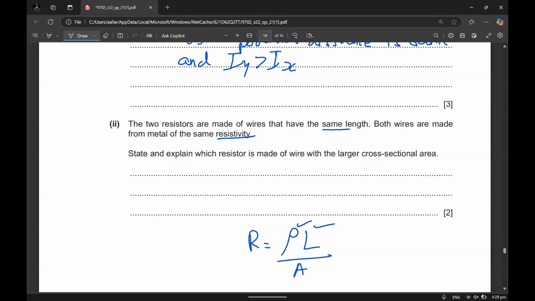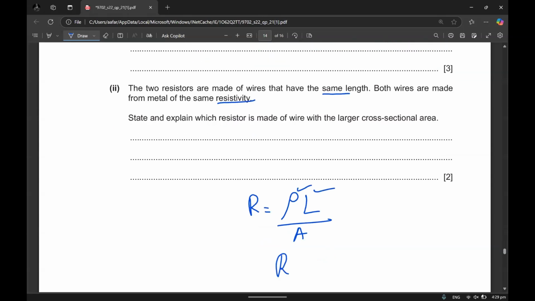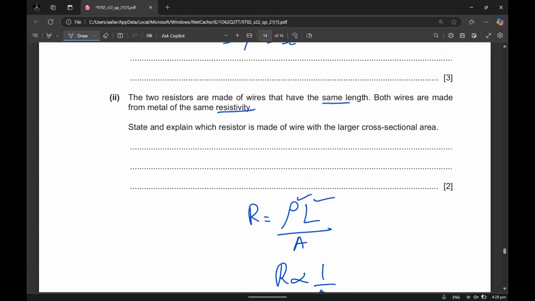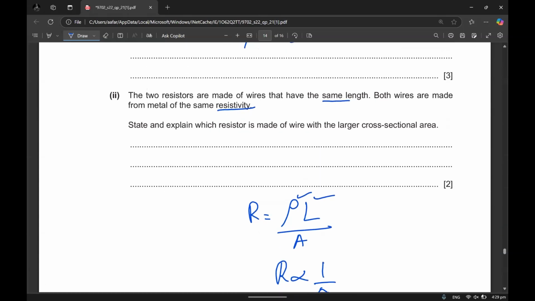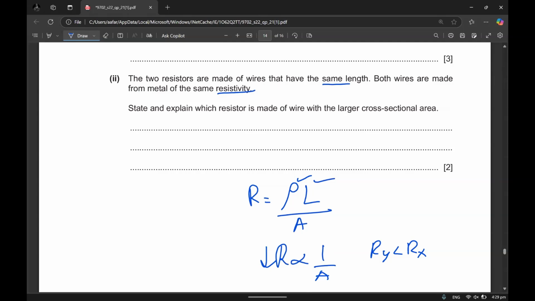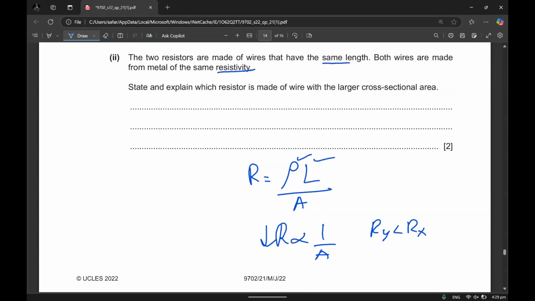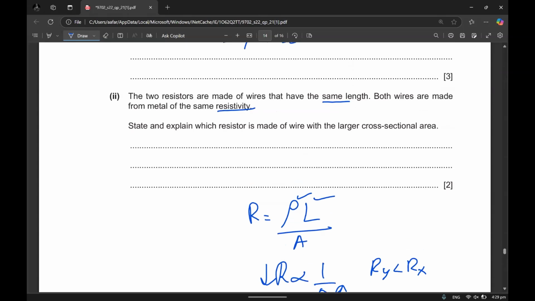These two are constant, so we can say resistance is proportional to 1 over area. So resistance of Y is less than resistance of X, right? If it is less resistance, since it's inversely proportional, cross-sectional area will be greater.